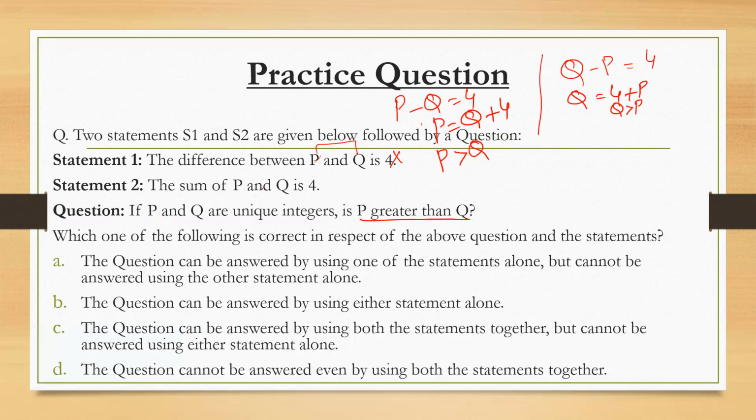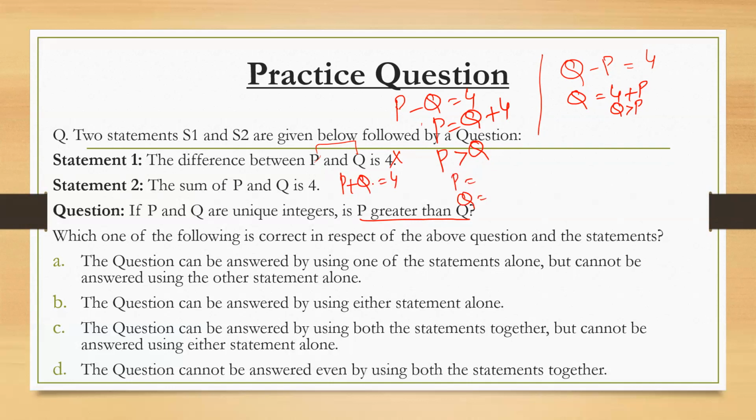The same way, when we are talking about P plus Q is equal to 4, what will happen? Here again, there are possibilities, because they have to be unique integers. What are the possible values of P and Q that you can have?